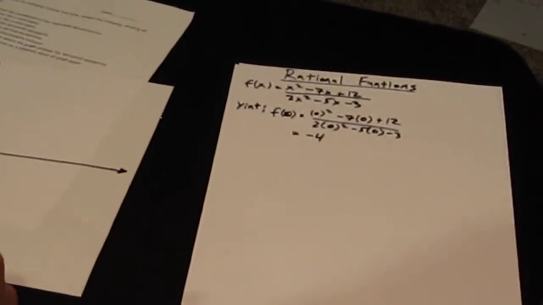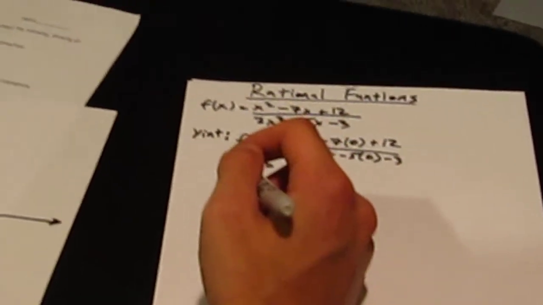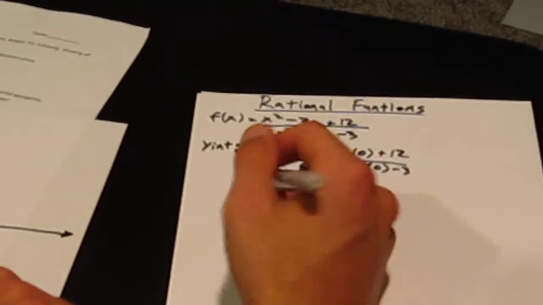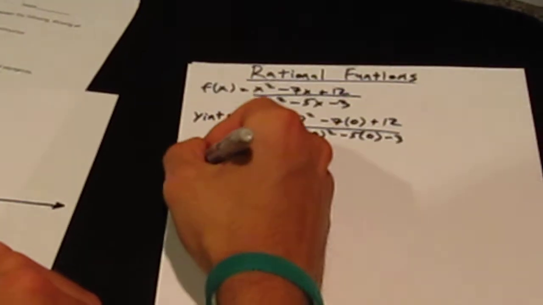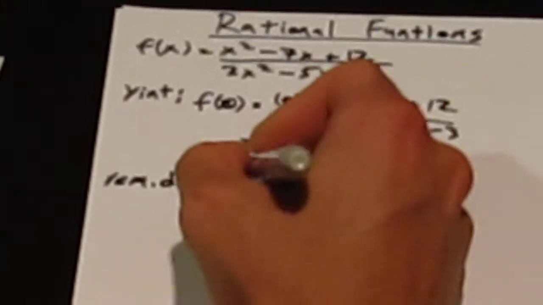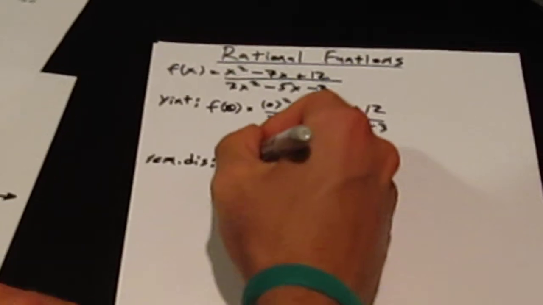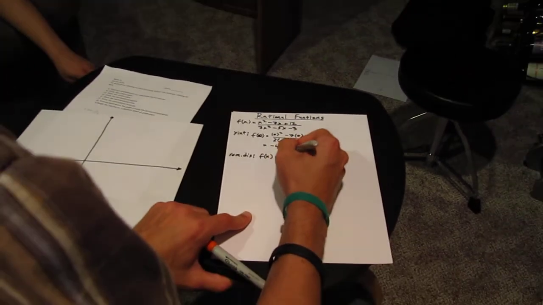Okay, so after you do that, you want to simplify this so you can find any removable discontinuities. So basically, we're just going to shorten that. We're just going to quickly do that. f of x equals x minus 3, times x minus 4, over 2x plus 1, times x minus 3.